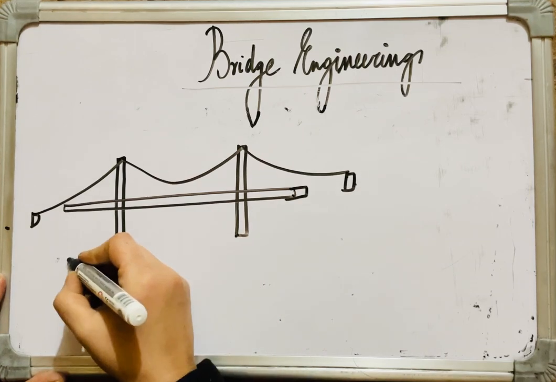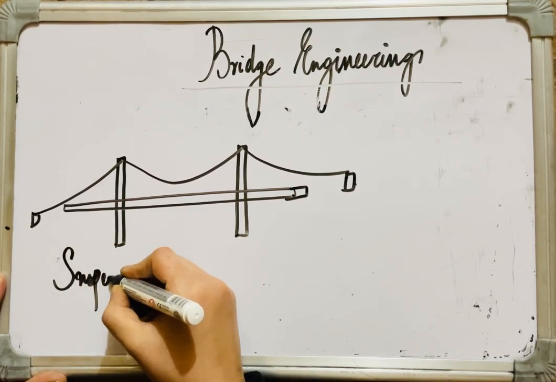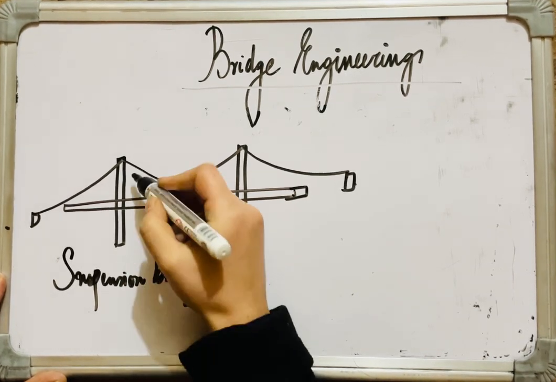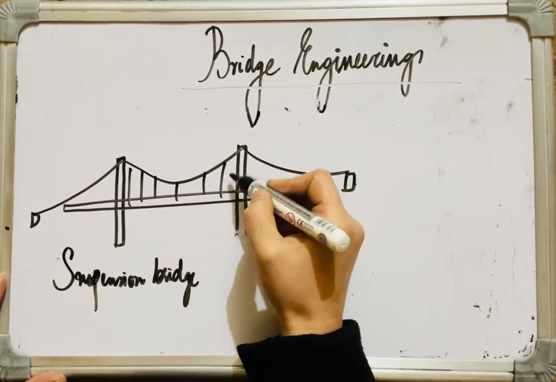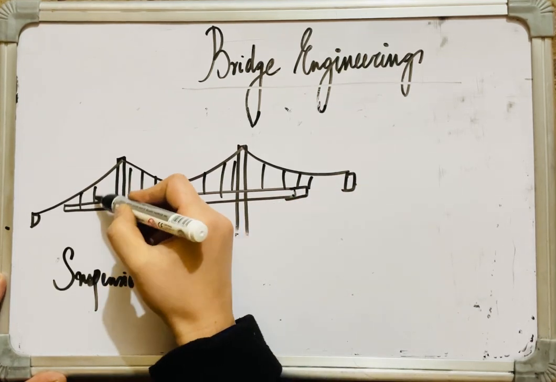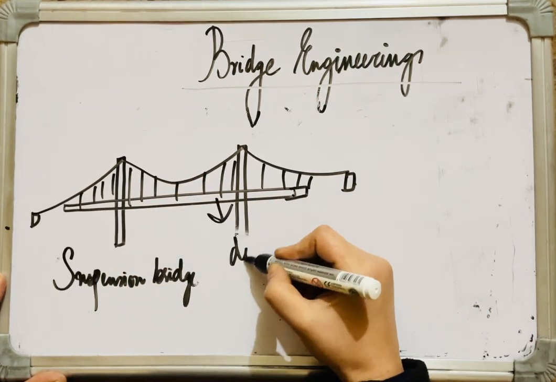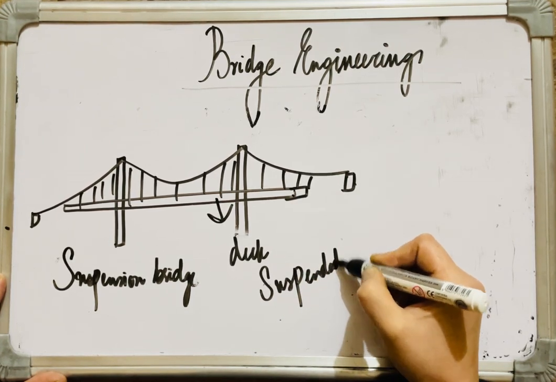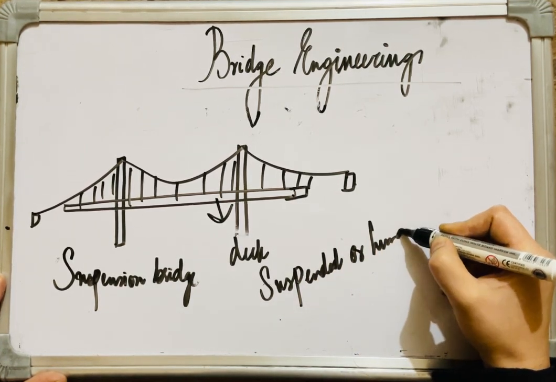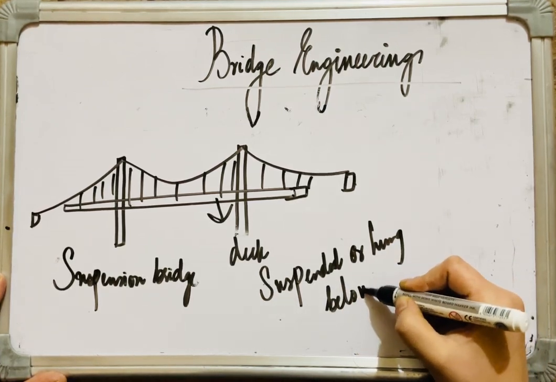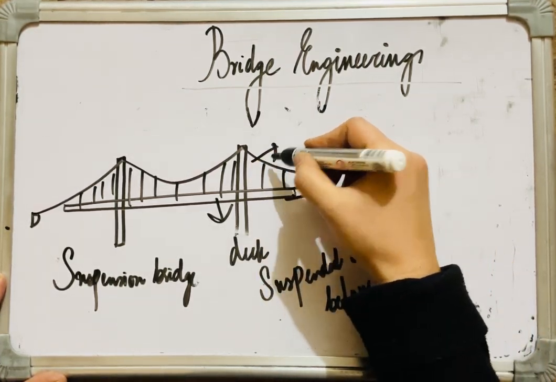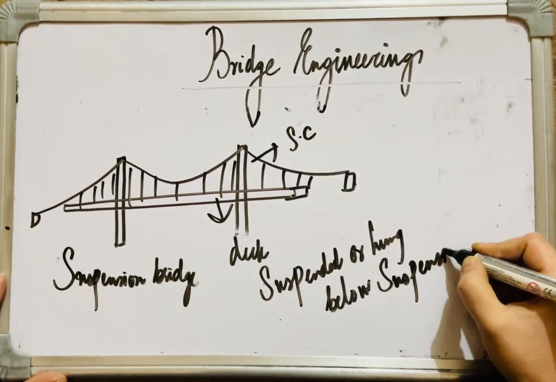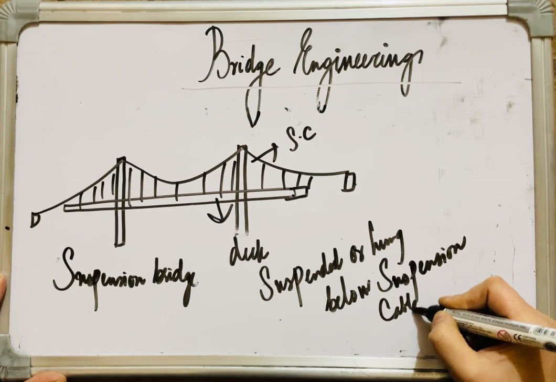So this is a suspension bridge, in which the bridge deck is suspended or hung below suspension cables, these are the suspension cables, by means of hangers or suspenders.